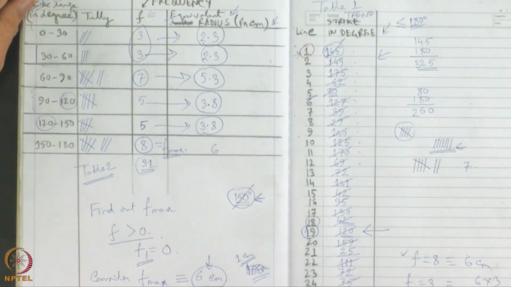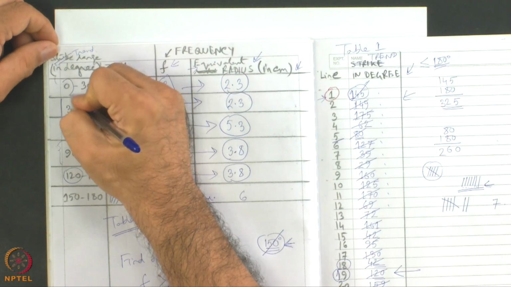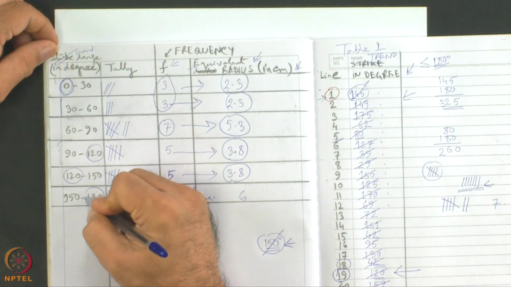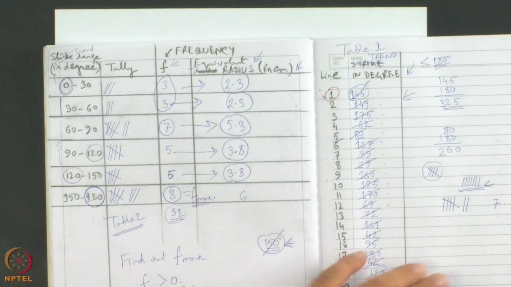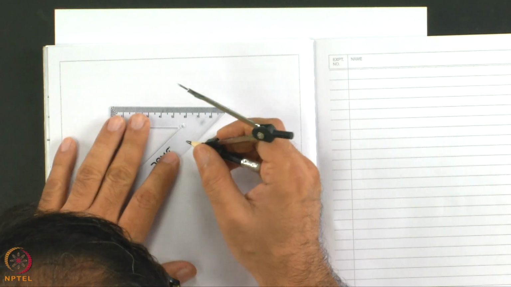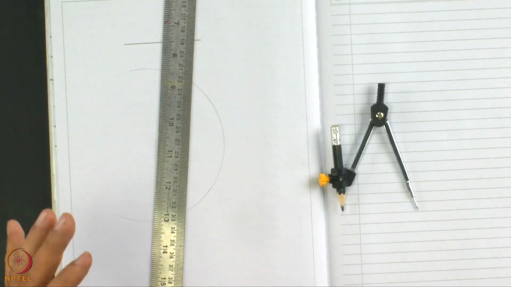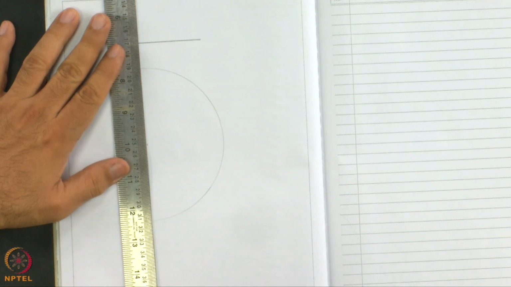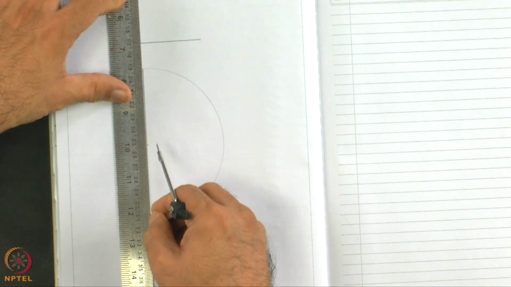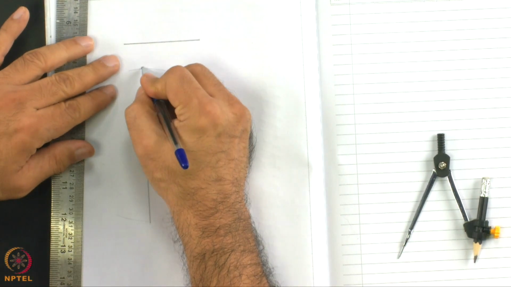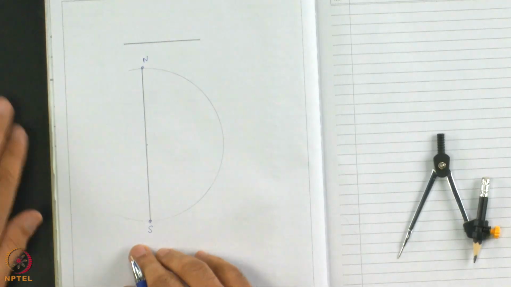Note that we started the trend ranges from 0 degree up to 180 degree. Keeping that in mind, I am going to draw a half circle. Let us choose a 6 centimeter radius. I will further draw a line passing through the center, and mark this point as north and this point as south.